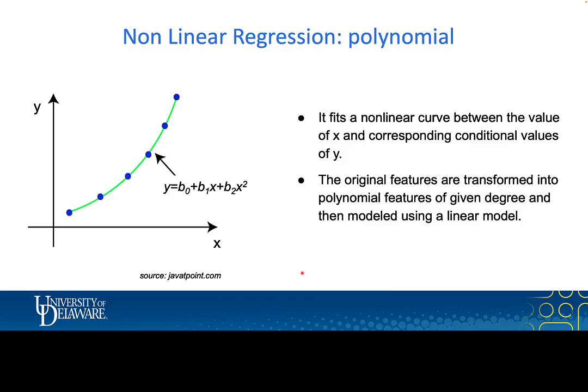A nonlinear relationship means that the change in the dependent variable is not proportional. Examples of these are drug response curves, enzyme kinetic curves, and so on. This is an example of a quadratic polynomial curve in this case.